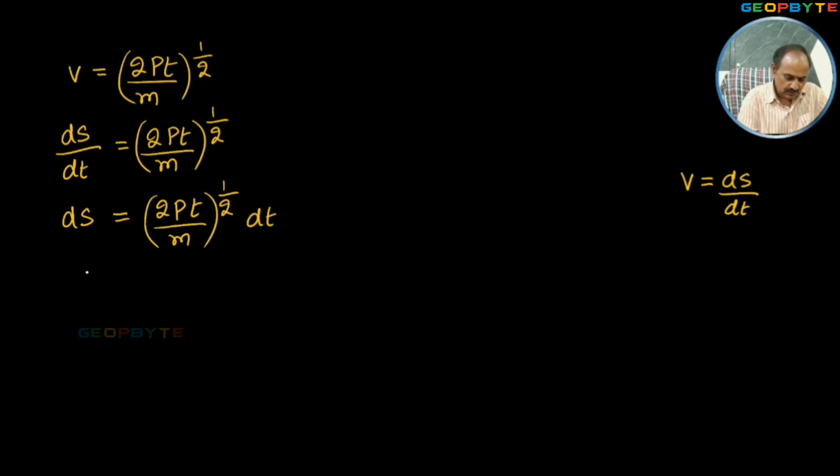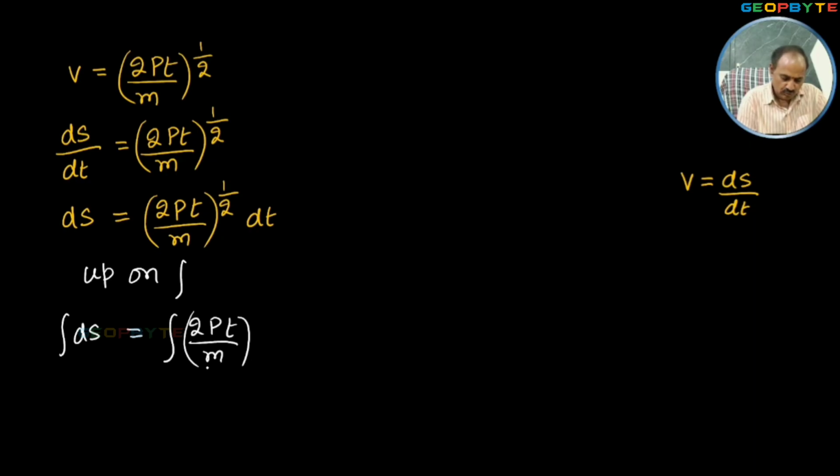Now upon integration, it is written as integral ds is equal to integral (2Pt by m) whole power 1 by 2 dt.